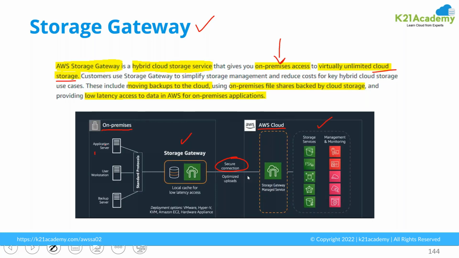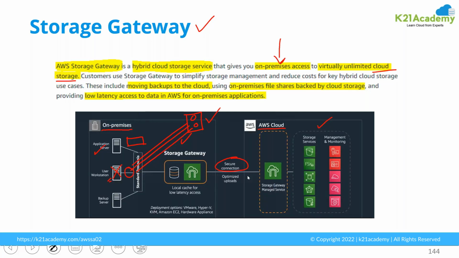So if you have an application server which is having some hard disk or SSD drives attached, or you have a user workstation, the shared location for that user workstation has to be there. So there will be a central server on which all the users are creating their profiles and keeping their data. So if the workstation goes down or gets crashed, the user data should be available from this shared location.